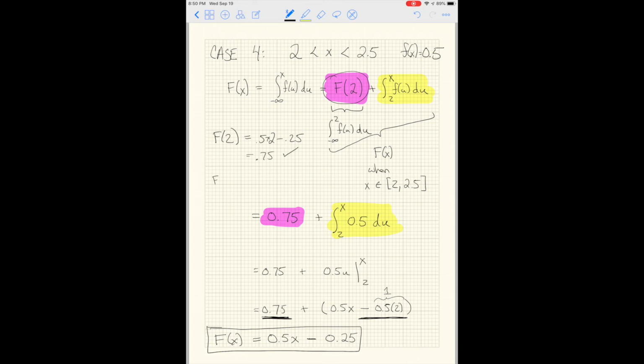And then if I do F of 2.5, then I get 0.5 times 2.5 minus 0.25. And 0.5 times 2.5 is just going to be equal to 1.25 minus 0.25. That gives me 1. And that's actually what we were expecting. So these spot checks end up working out. So we have pretty good confidence we've done it right.